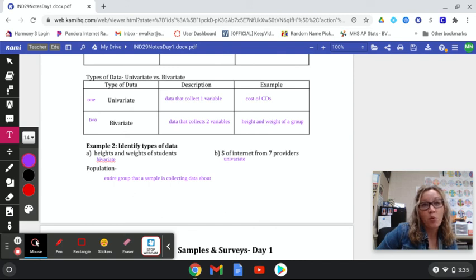You don't want to just sample one type of school because the data you're collecting may be slightly biased. Like, our school probably has more knowledge of agriculture than the entire country.